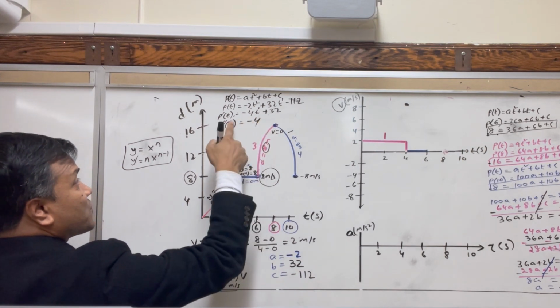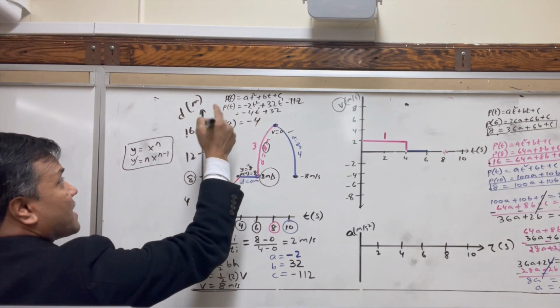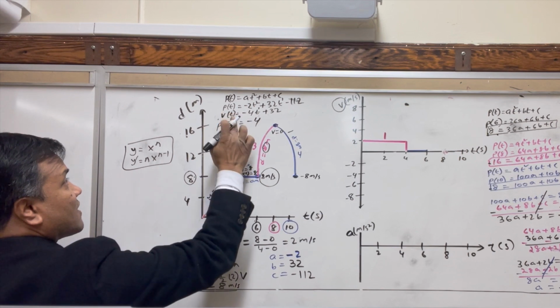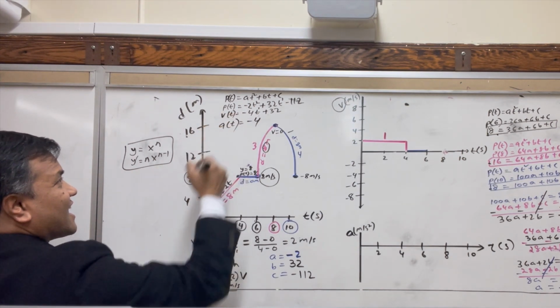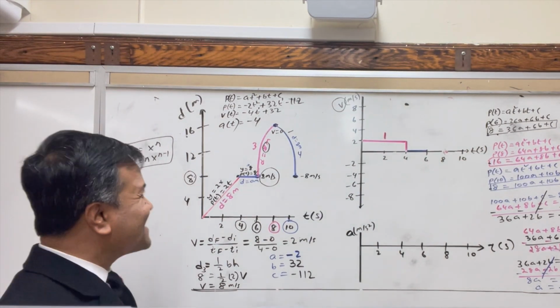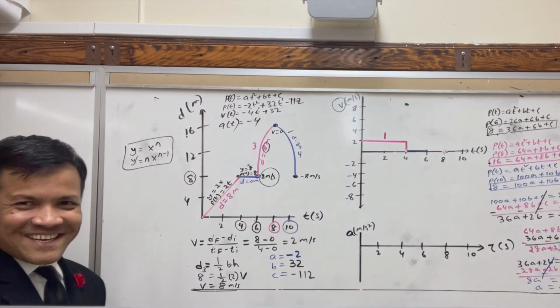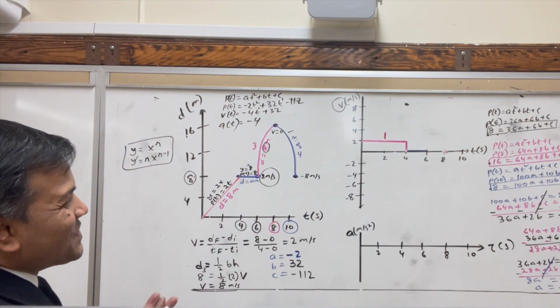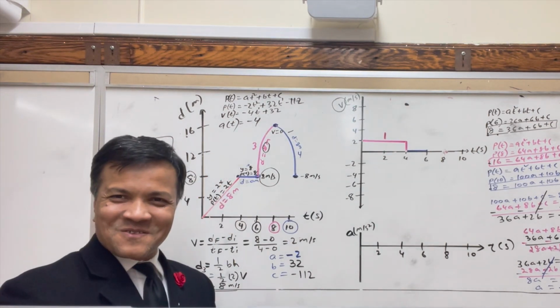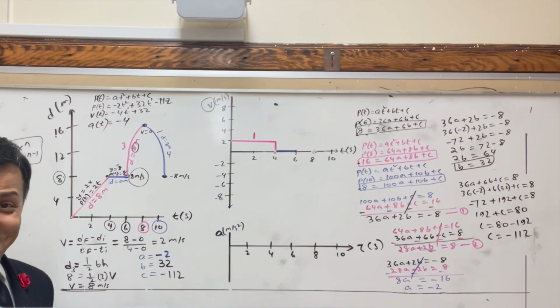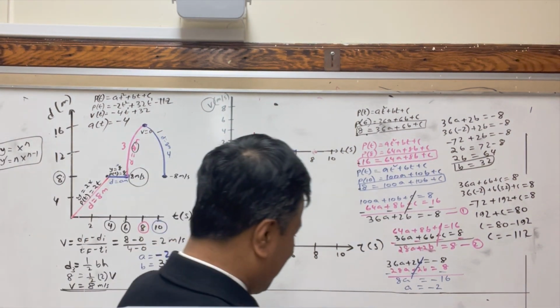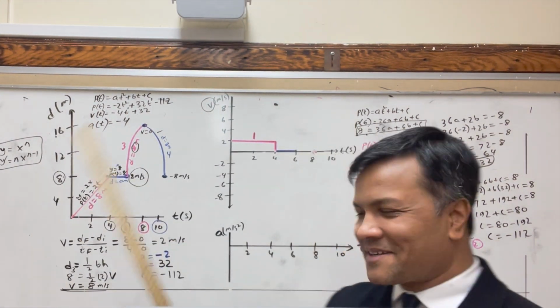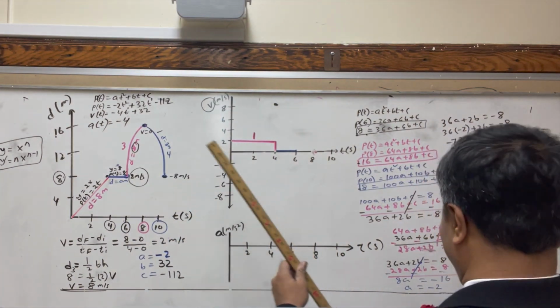We call this one velocity, and we call this one acceleration. And this is the calculus, right? So acceleration is negative 4, believe it or not. But we don't need this calculus. You can do it by algebra, by geometry, because geometry is stronger than calculus.